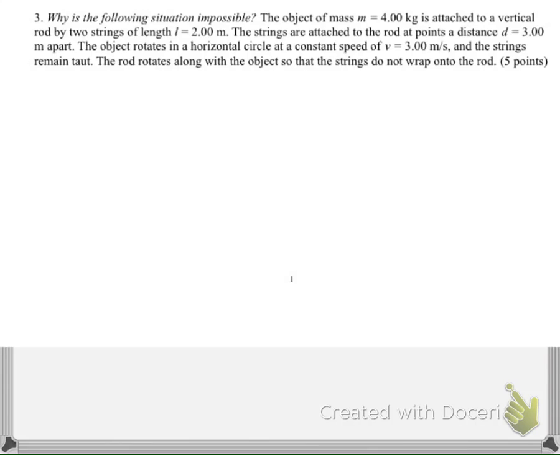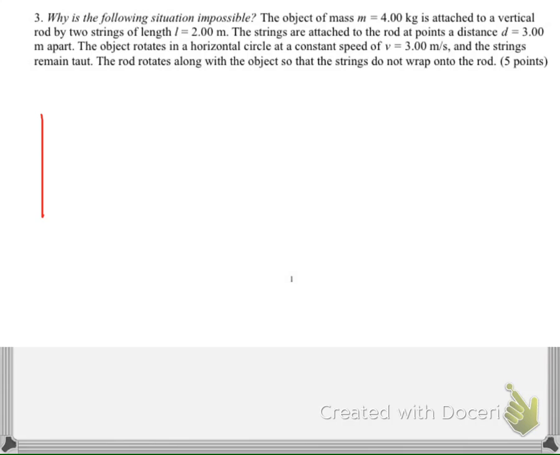The object rotates in a horizontal circle at a constant speed of v equal to 3.00 meters per second, and the strings remain taut. The rod rotates along with the object so that the strings do not wrap onto the rod. The system is something like this.